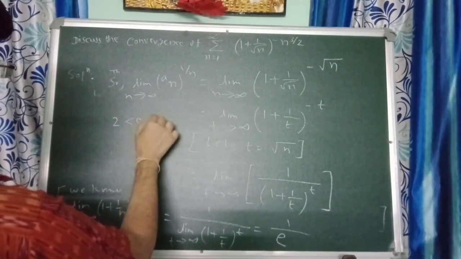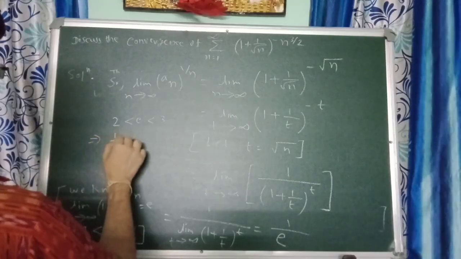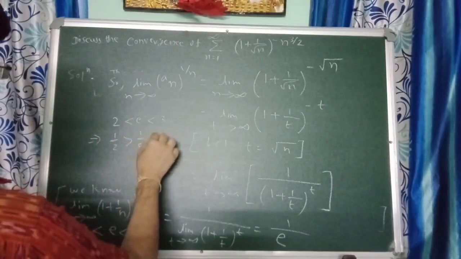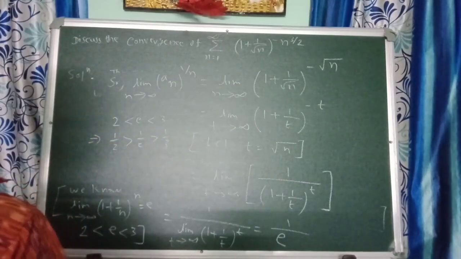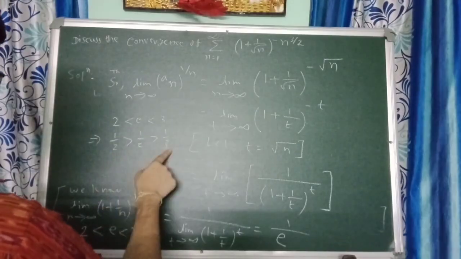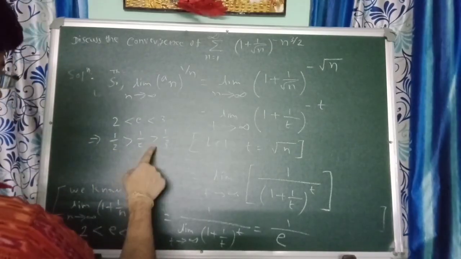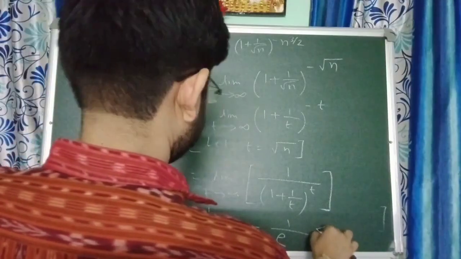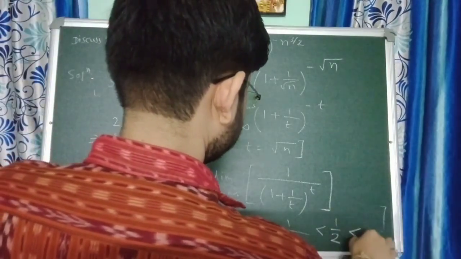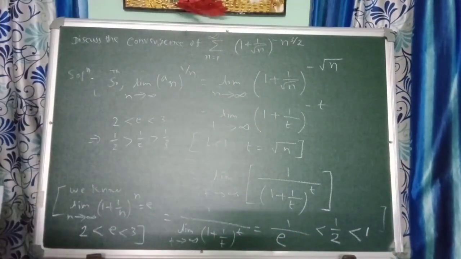Since e lies between 2 and 3, 1 by e lies between 1 by 3 and 1 by 2, and this value is less than half, that is less than 1.